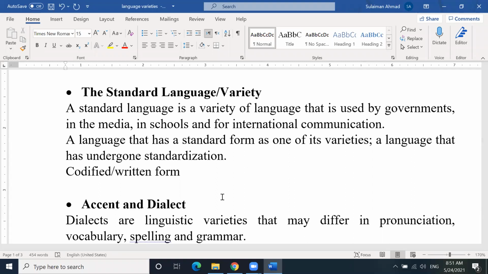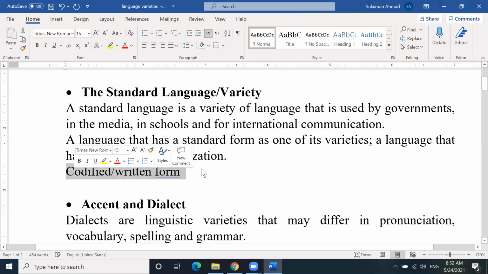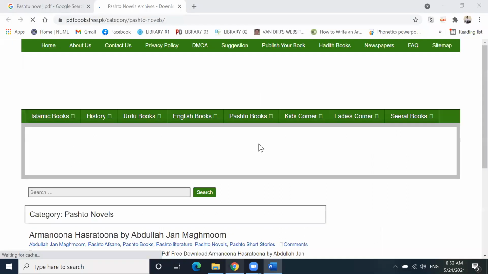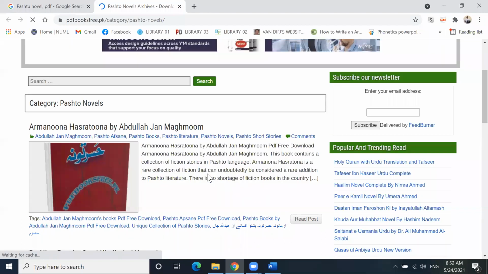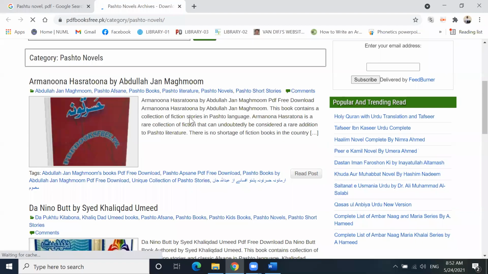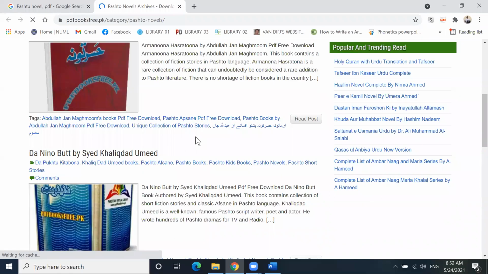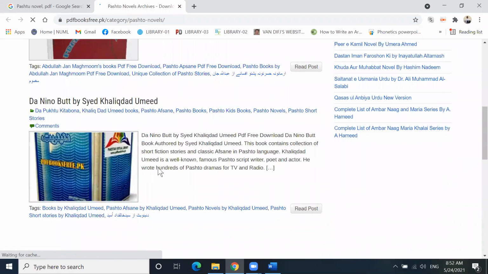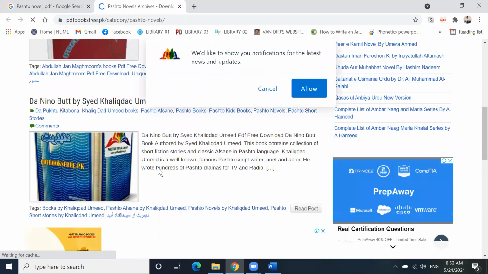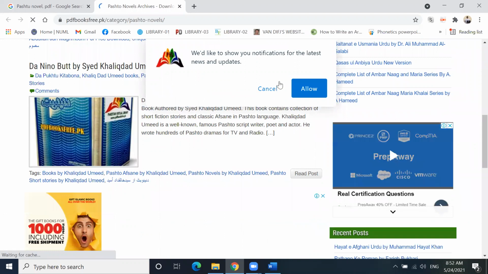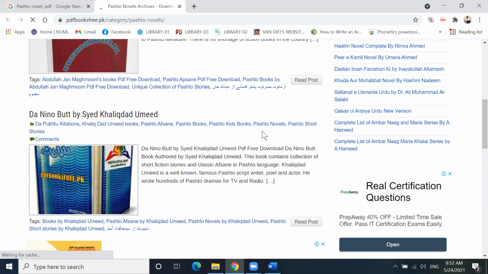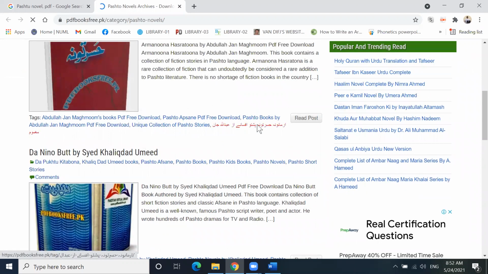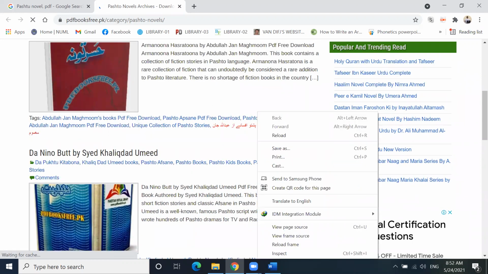If you look at the books of Pashto, the language you will find over there is the standard variety of Pashto, or simply the standard Pashto language.